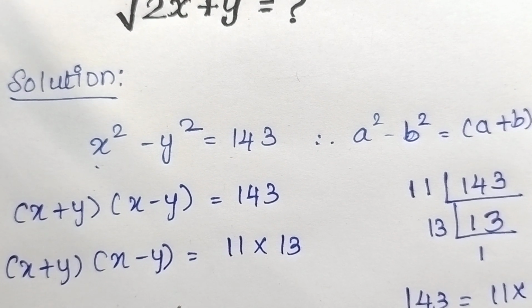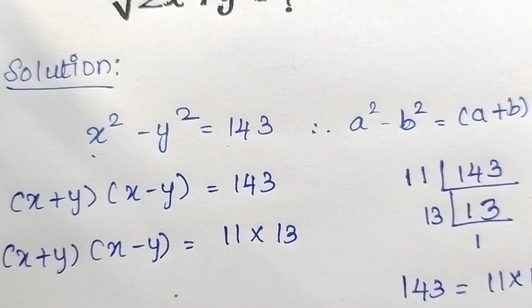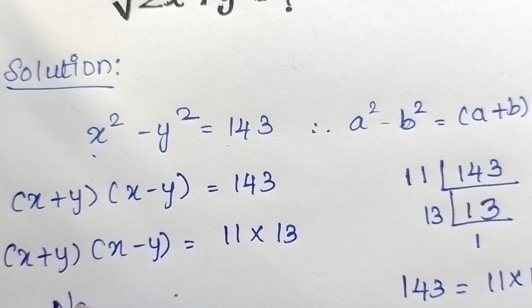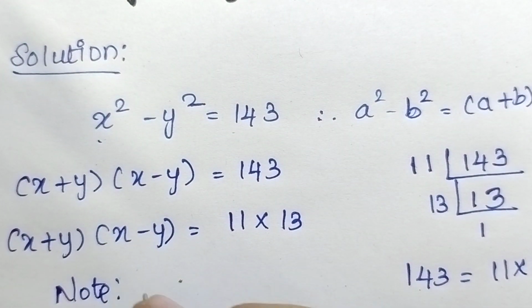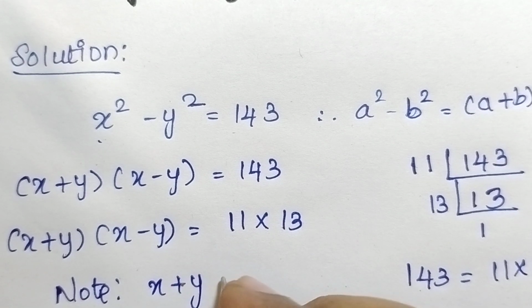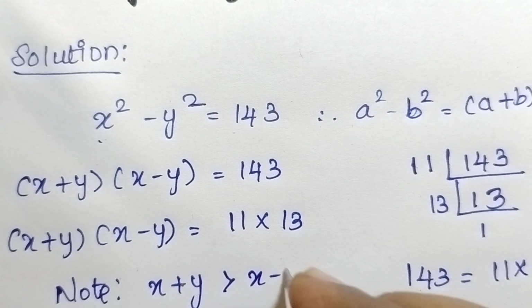So we know one thing, that x plus y is always greater than x minus y. Is it? Because if we add two numbers, the result will be greater than if we subtract two numbers. So note that x plus y is always greater than x minus y.